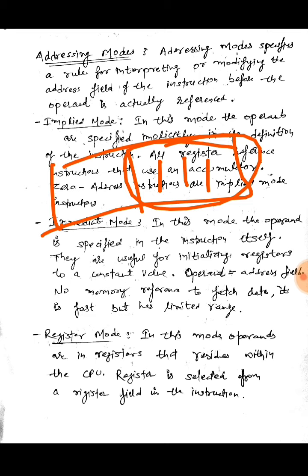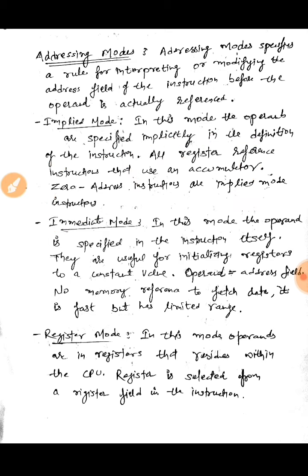Which addressing mode we are using will tell us about the type of operand, whether it is direct data, or data stored somewhere in the register or memory, or in the accumulator, or in the stack organization. So all these things will be told by addressing modes.